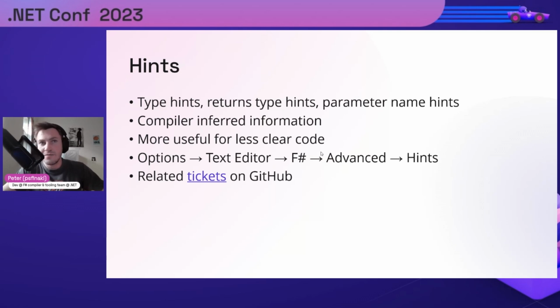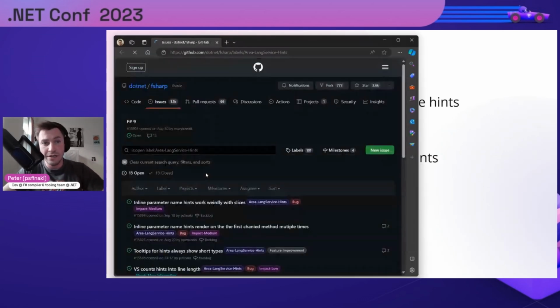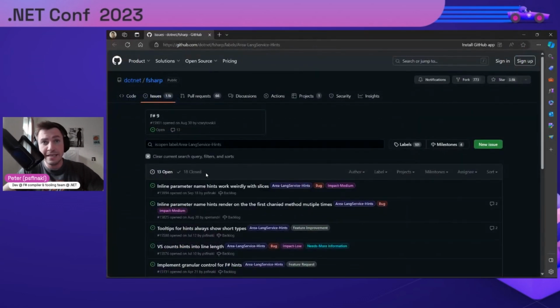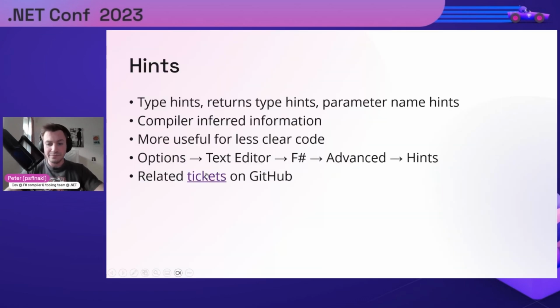Meanwhile, there are lots of big and small features about them you can help with. So I'm sharing the link to the GitHub ticket area where you can pick a task. F# hints are easy to write, and we have a test harness for them, so you can get started with them real quick.